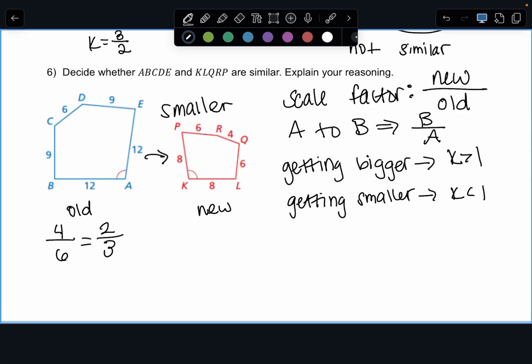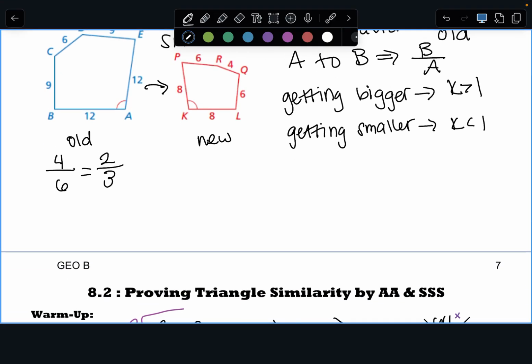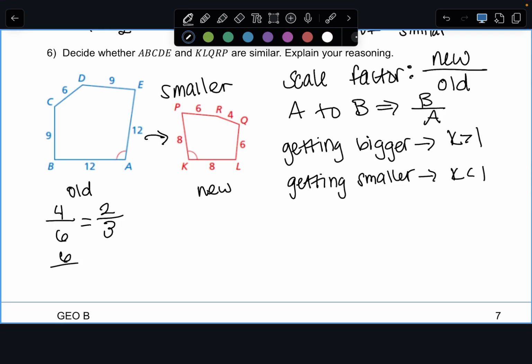2 over 3, perfect. So to know that these shapes are similar, I need all of the other sides to have this same ratio, 2/3. So let's look at the next biggest side. Over here on the red, it's 6. What's my next biggest side for the blue? It's 9. So the 6 has to go with the 9 if this is going to work.